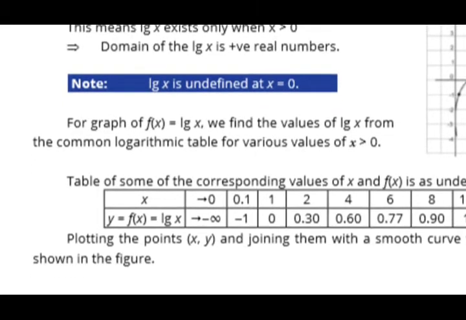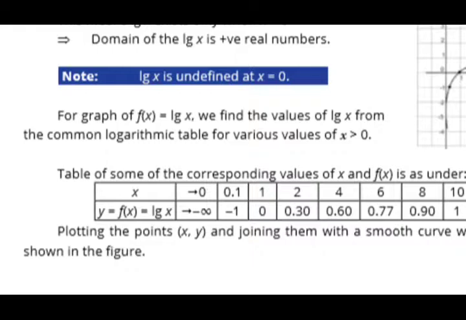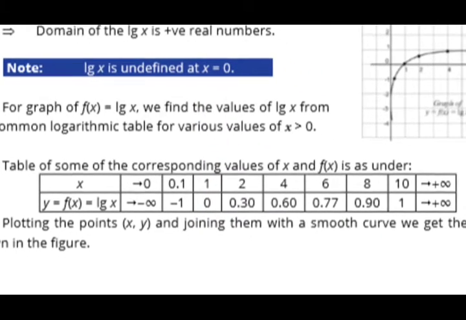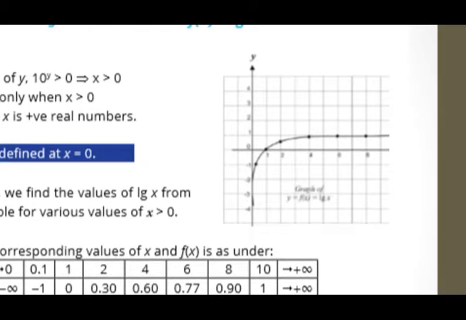Now its table is from 0 onward, and its graph looks like that. At x equal to 1 its value is 0, and after 1 and before 1 it moves toward the negative side, and near 0 we move its graph toward the downward side of the y-axis.